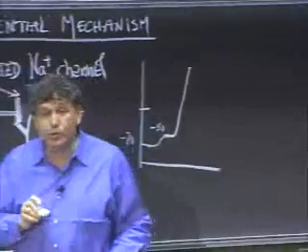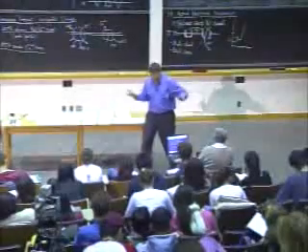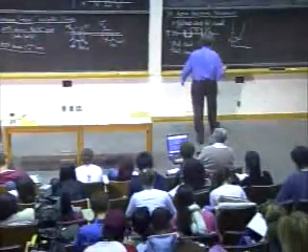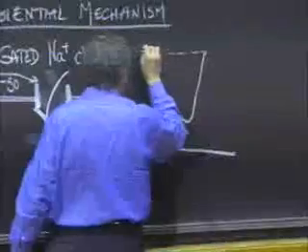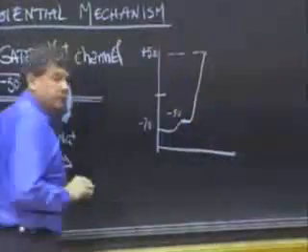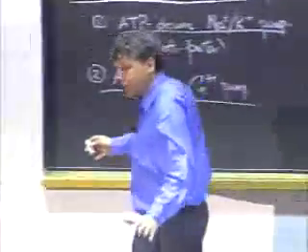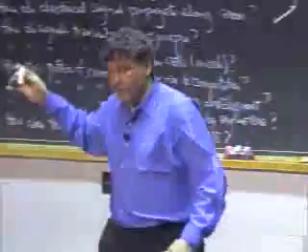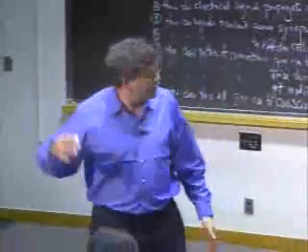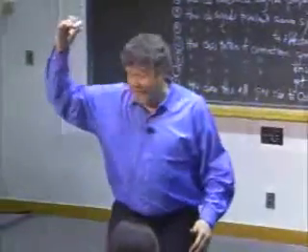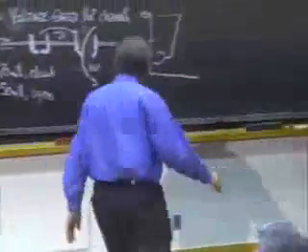It'll reach a new equilibrium potential, which turns out to be about plus 50. Amazing. Opens the door, sodium comes rushing in down its concentration and electrical gradient, shifts the electrical gradient from negative to positive, and eventually it slows itself down because it's now going against an electrical gradient.